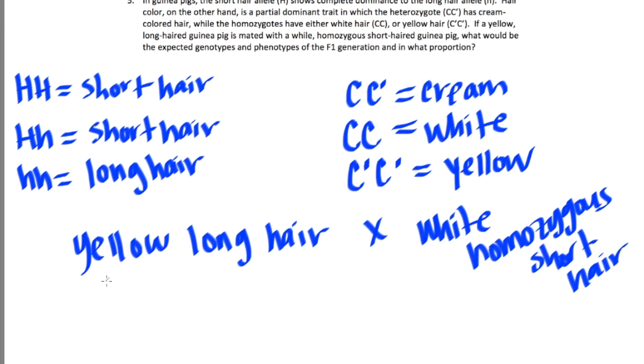So in order to be yellow, it's got to be C prime C prime, and then to get long hair, it's going to be little h, little h, right? Crossed with white.